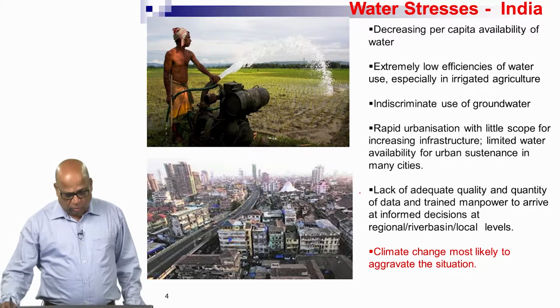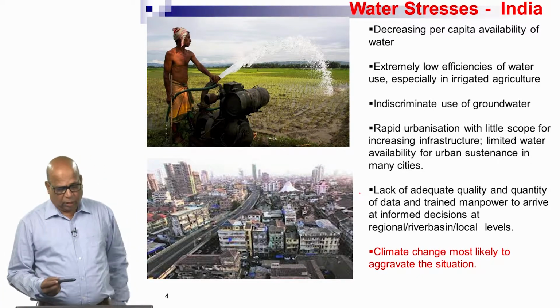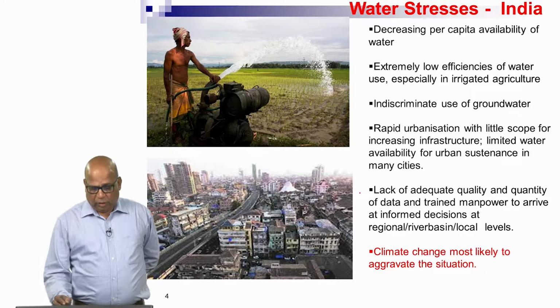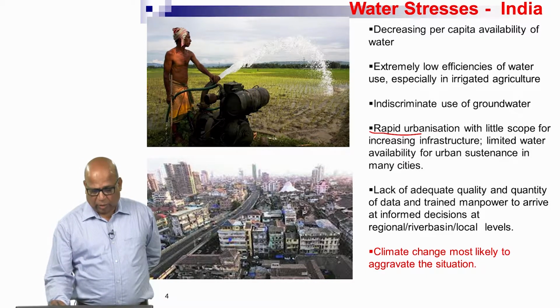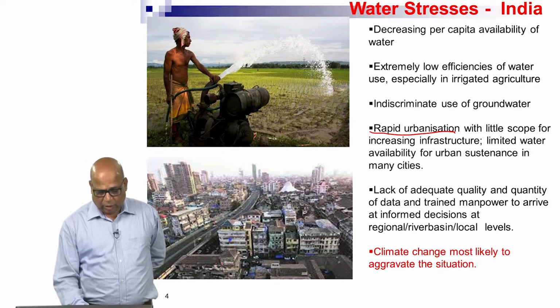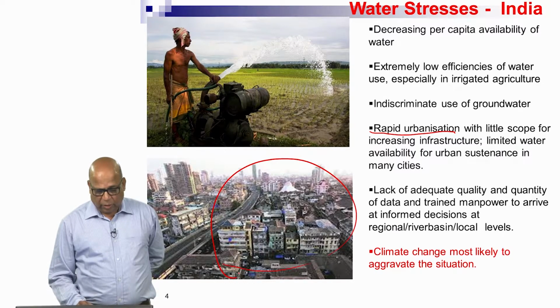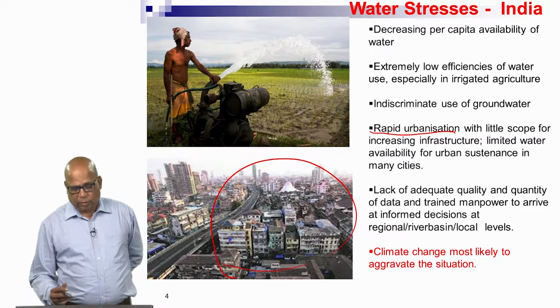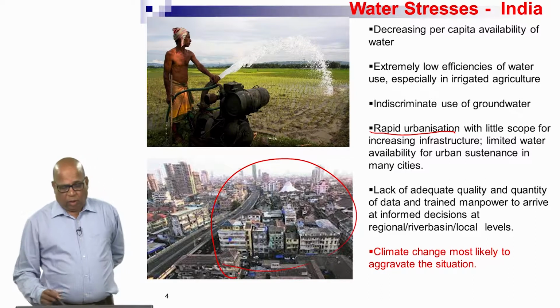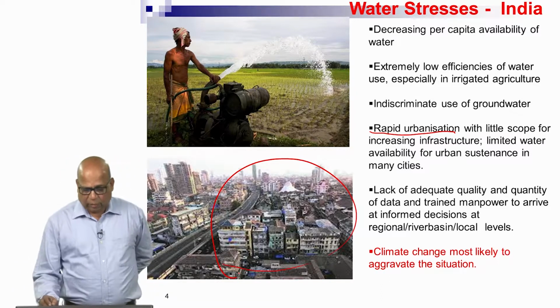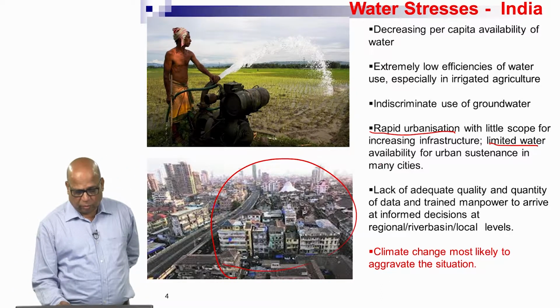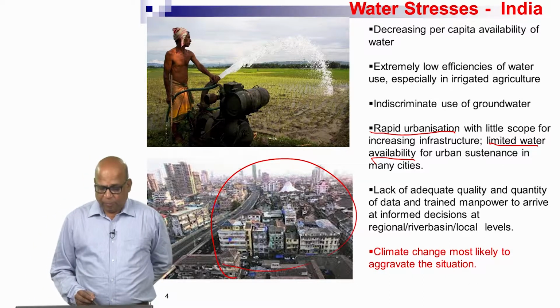Now, what is also important to realize as far as water is concerned is that we are in the state of rapid urbanization. You look at areas such as this, where there is hardly any scope to expand the infrastructure now. Also, many urban areas are stressed because of limited water availability.